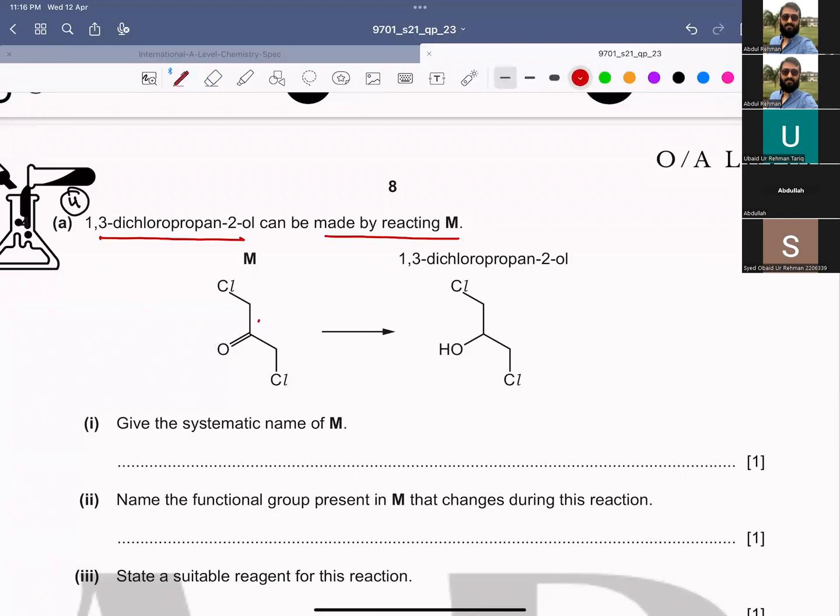This part indicates a ketone, and it is further an alkyl halide or halogenoalkane because it has a chlorine in it. And the product is an alcohol, as OH is bonded to a carbon, and an alkyl halide as well.